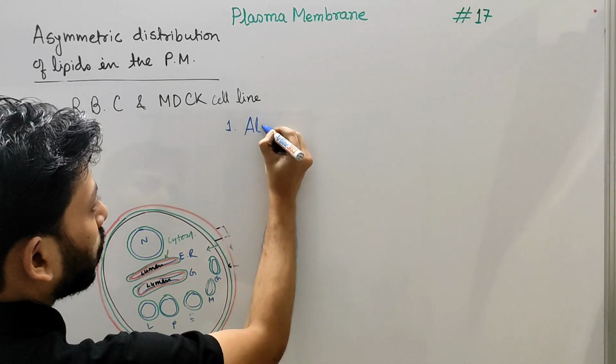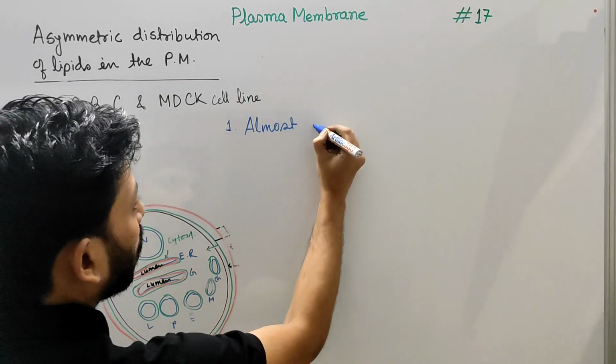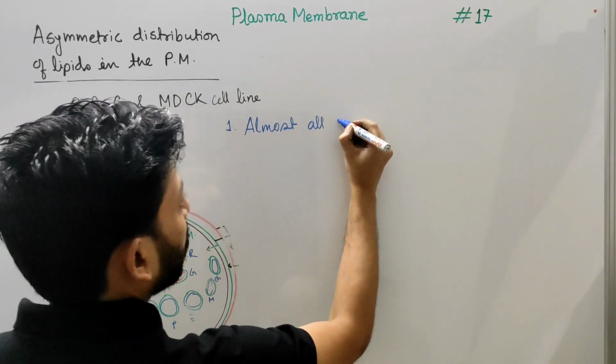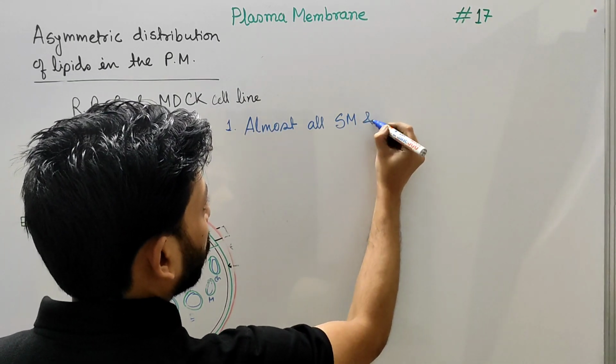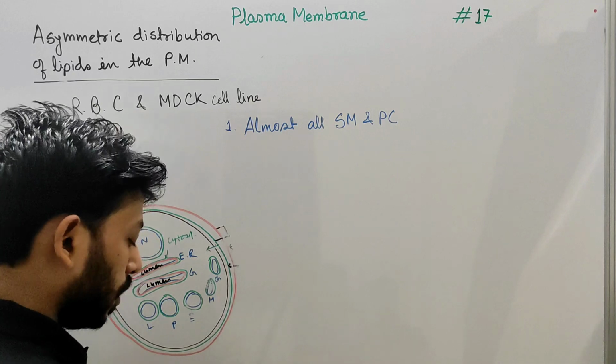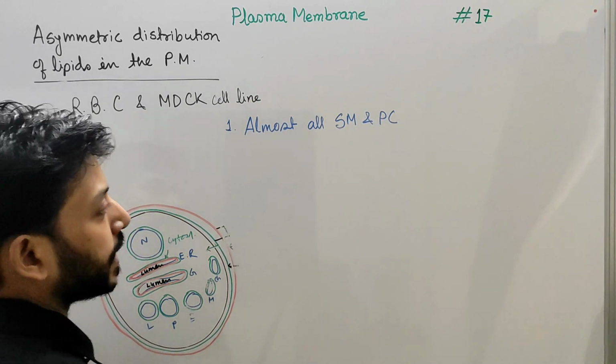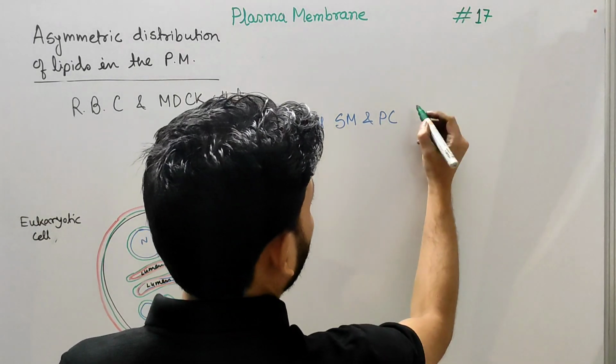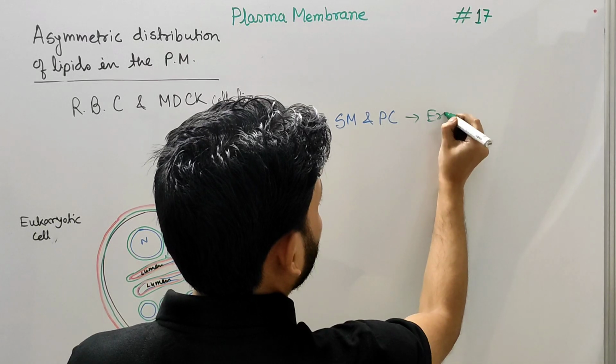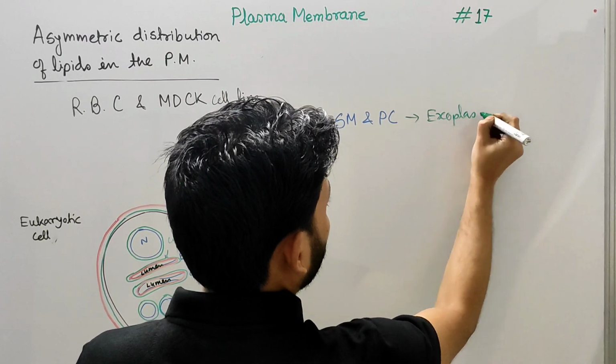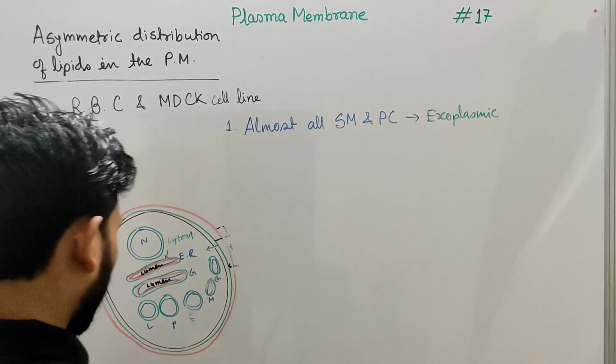almost all sphingomyelin and phosphatidylcholine, these two lipid molecules, are present in the exoplasmic leaflet. Exoplasmic leaflet.